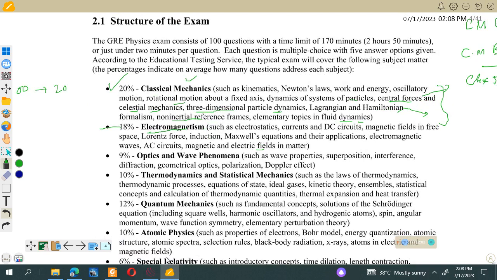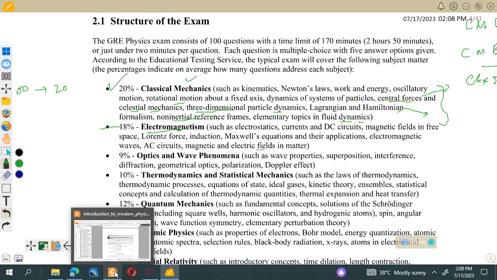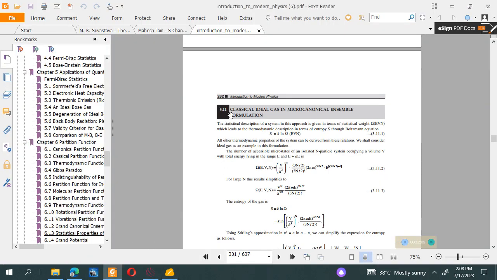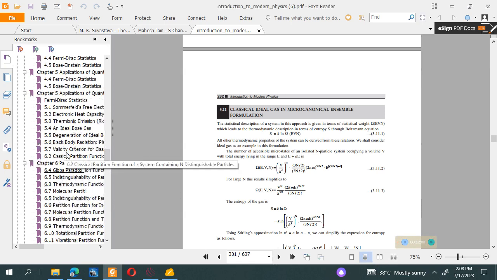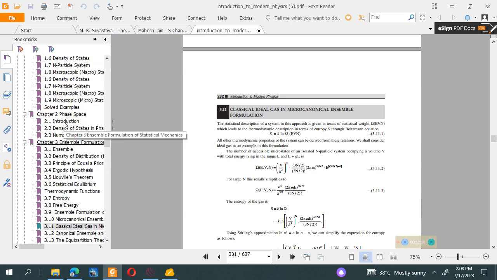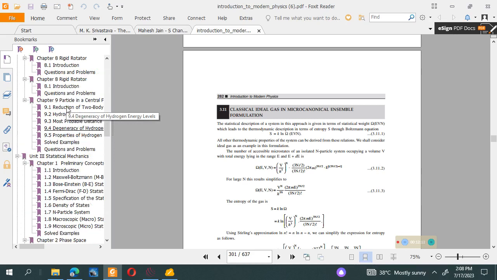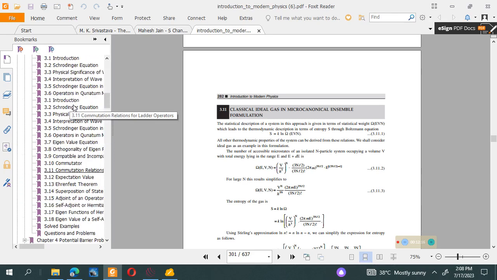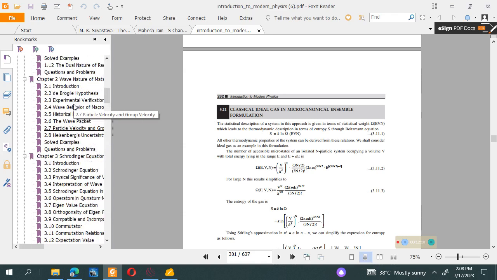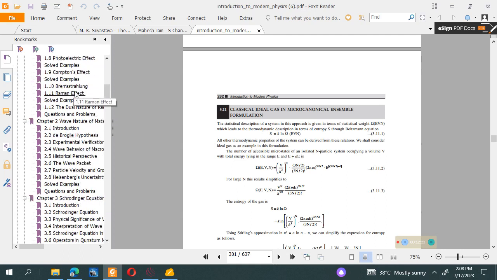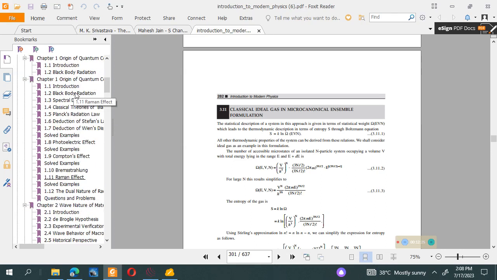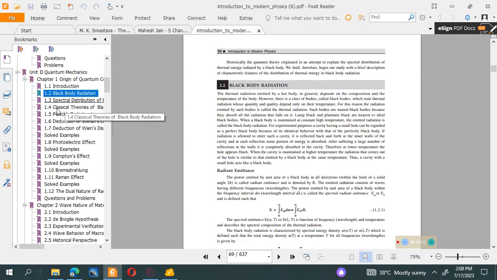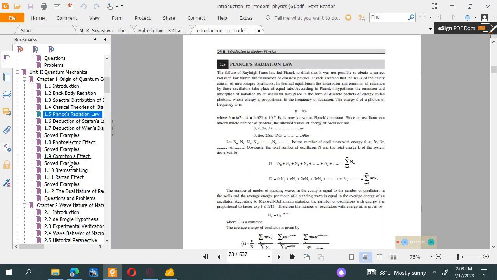And also I have told you that the book Introduction to Modern Physics also contains the quantum mechanics portion. I think this is chapter number 1 from this: black body radiation, Planck's law, similarly Compton effect.